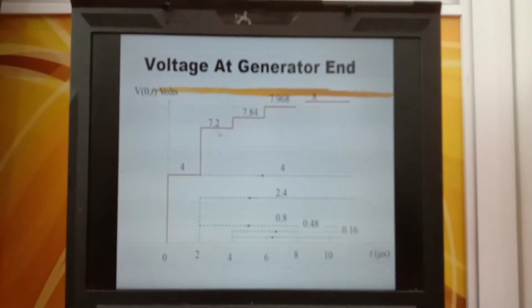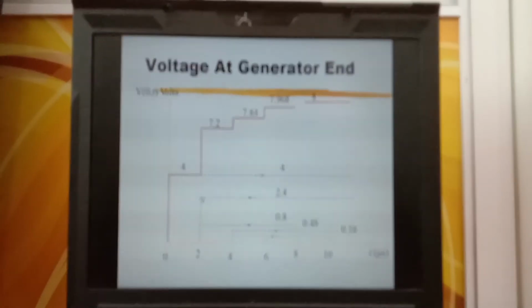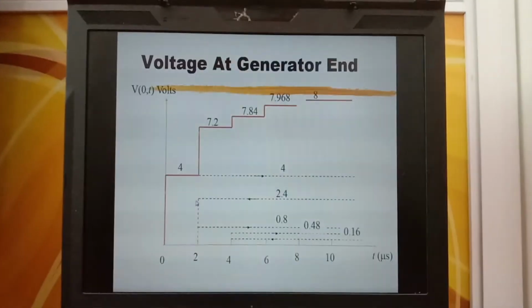The reason why we have 7.2 volt at time t equals 2t1 is because we have a reflected voltage of 2.4 volt coming back from the load.